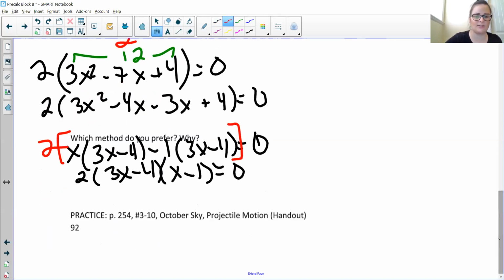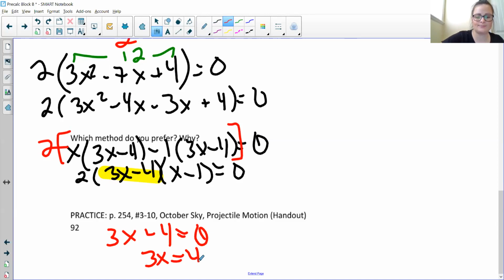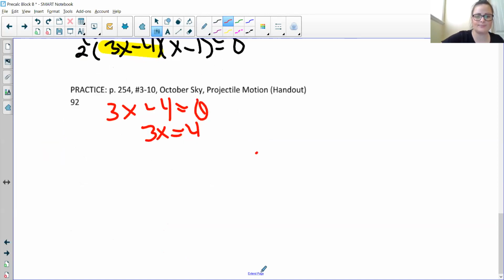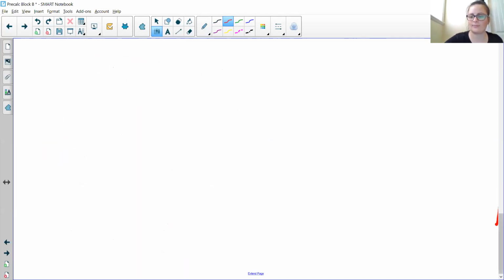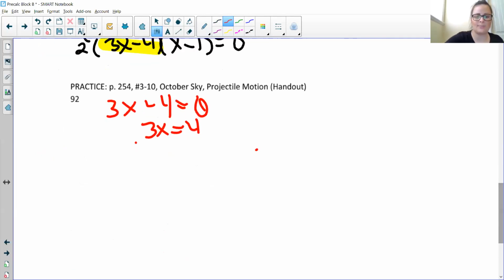So I now have two possibilities. I can have this equal to 0. So if 3x minus 4 equals 0, add 4 to both sides. Divide both sides by 3, and I have x equals 4/3 as one of my solutions.